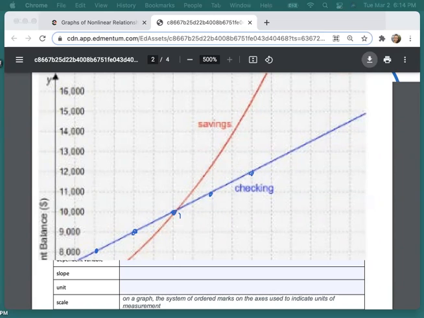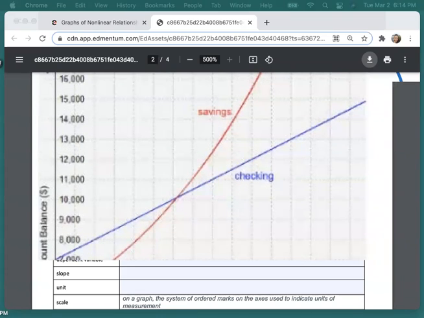Okay. Savings accounts, however, work a little differently because they have a percentage rate where you can earn interest. So the savings account, the red line, is an exponential function. And if you notice, it starts at, where does it start at? I need to scroll down.